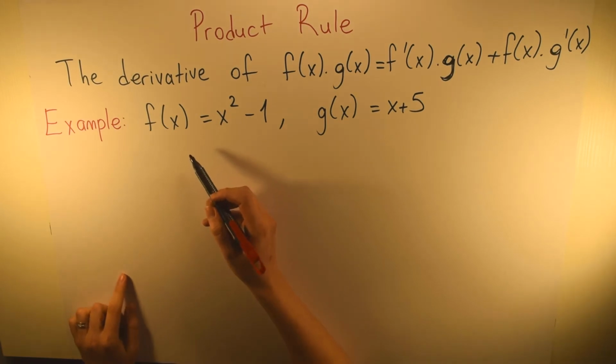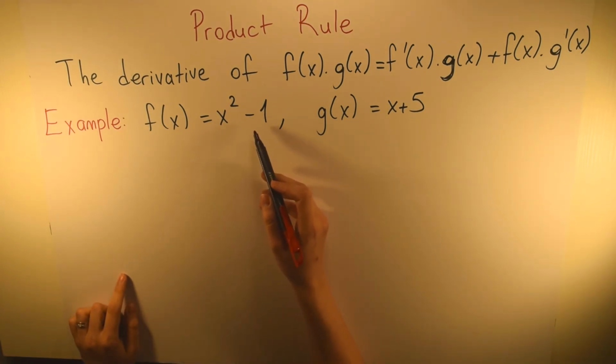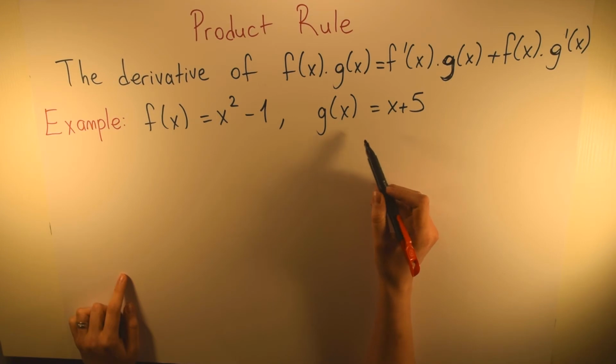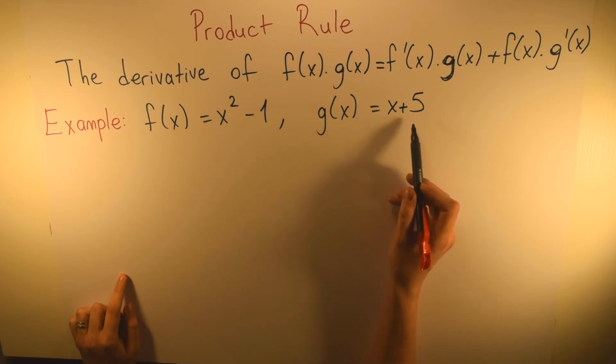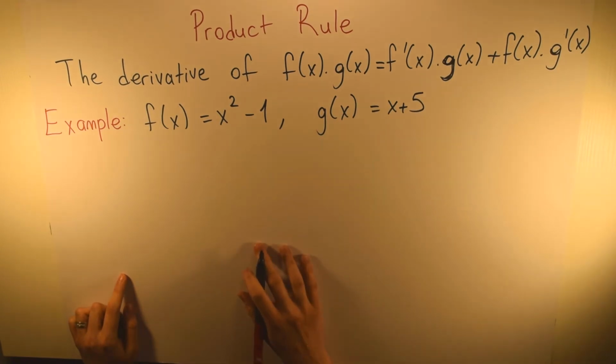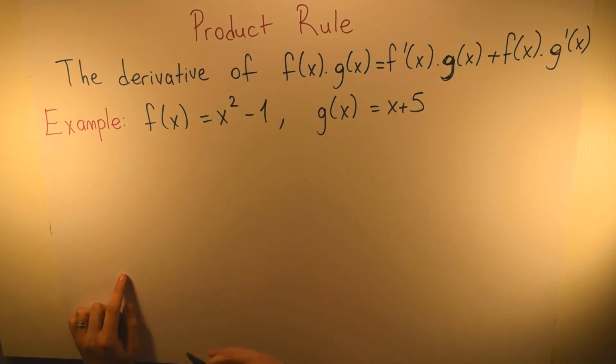Okay, so let's look at this example. Here we have f of x is equal to x to the power of 2 minus 1, and g of x is equal to x plus 5. So let's find the derivative of their product.